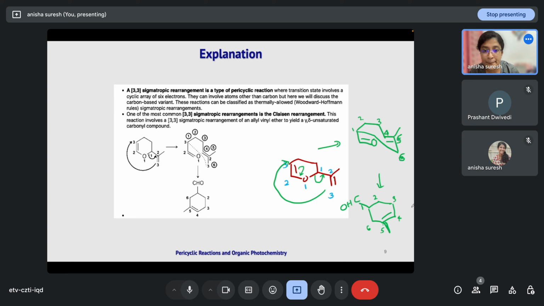Clear? Since the oxygen atom is involved in the ring which is undergoing this 3,3 sigmatropic rearrangement, it is also known as Claisen rearrangement.